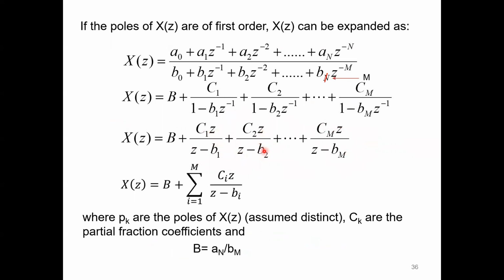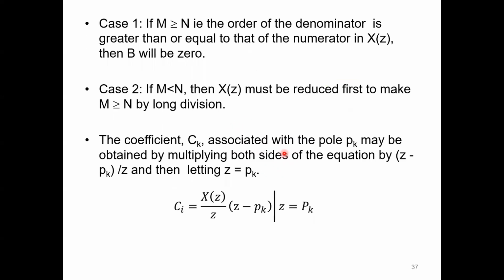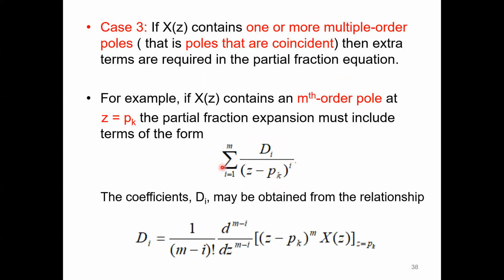If one of these poles is repeating, say z minus b2, it repeats two times, right? You just can't say this is z minus b2 whole thing squared or something, right? So you have to write this one anyway, plus another term, right? Which is given like this. Only for repeating poles. And the multiplicity is m.